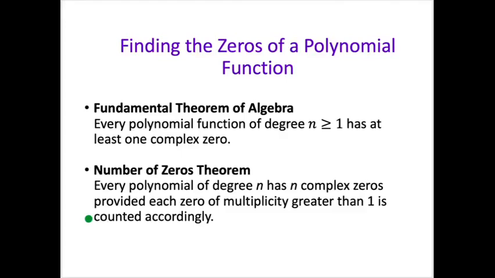And so we want to keep that in mind when we start to find the zeros of our polynomials, that the degree of the polynomial, which again is the highest power, tells us how many zeros there are, although those zeros may not be unique due to the multiplicity of the factors, right? So whenever you have a higher multiplicity, that means that factor is repeated and it's not a unique zero that corresponds to that factor.